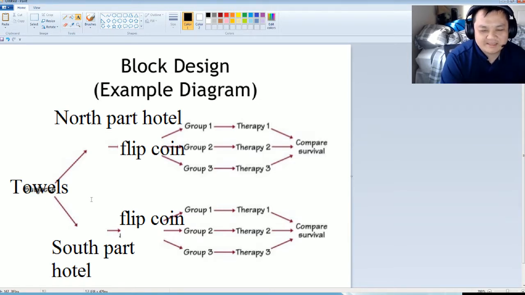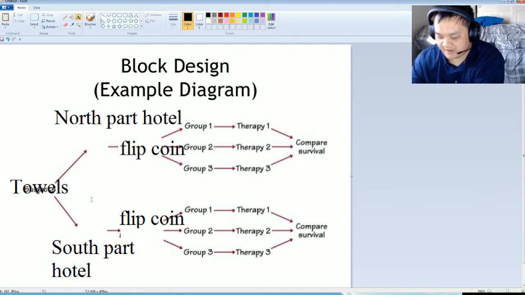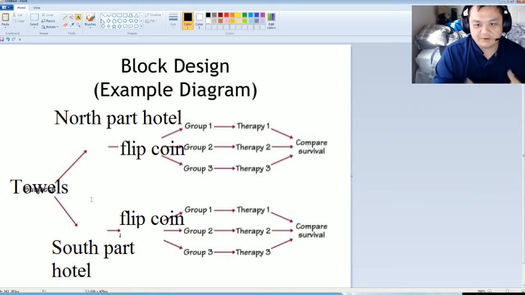So like if it's the mouse, if it's seeing if this new medicine is going to help the mouse or not, if you just give it to all the mice, that would not be block. But like separating the mice apart, you're like, well, the first 25 is here, the other 25 is here, the other 25 is here, and the other 25 is here. Then you assign, right? That would be block design.